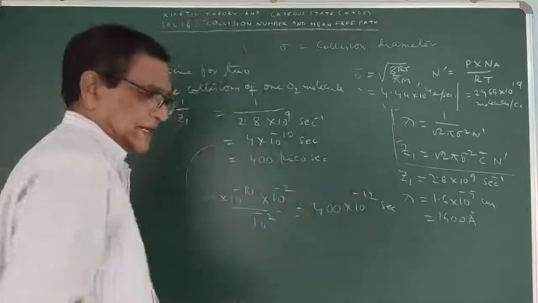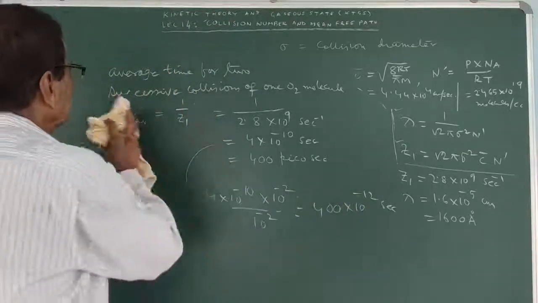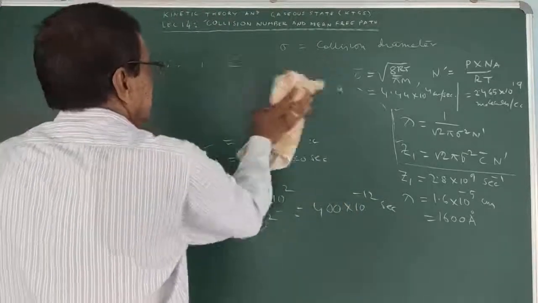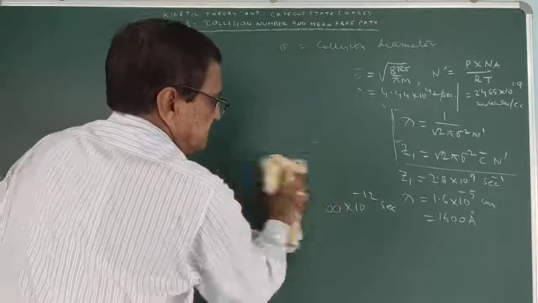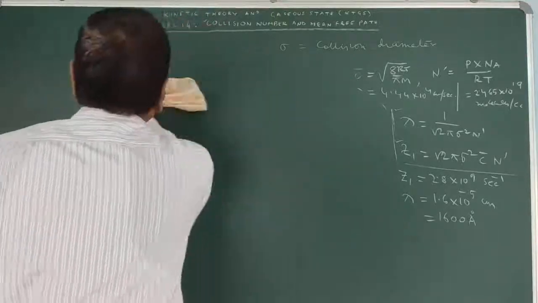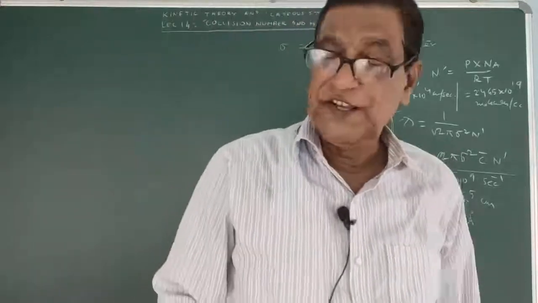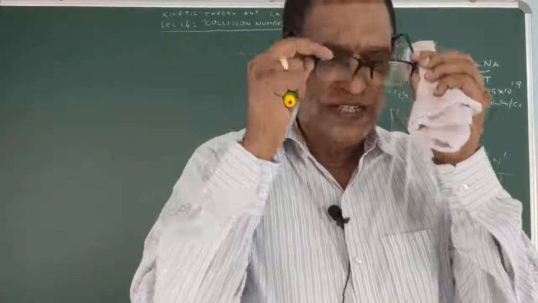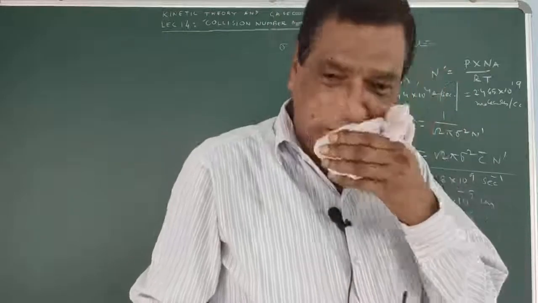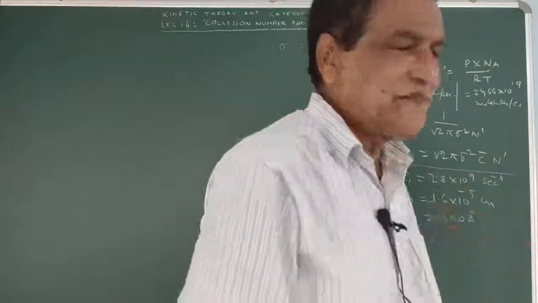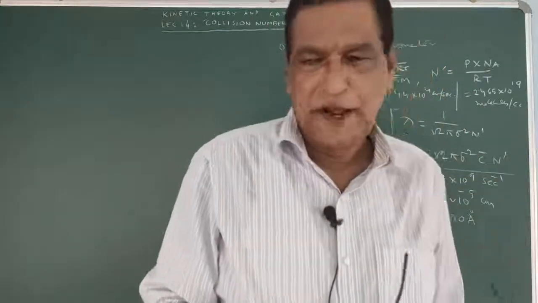So this is in picoseconds. Now, different interpretations you can make very easily with these two values, Z1 and lambda.